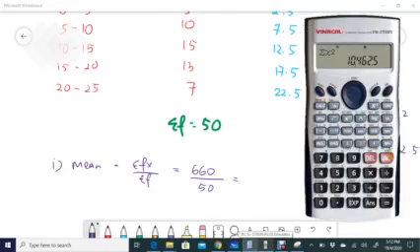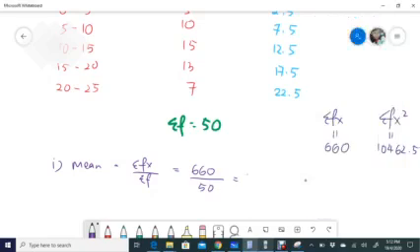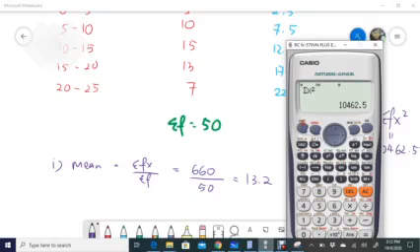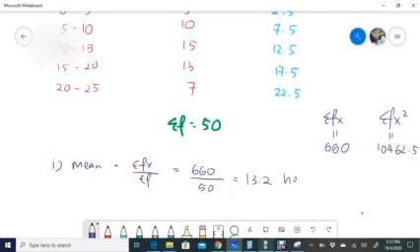Press AC, shift 2, go for 1, enter: 13.2. Same goes with the second one: shift 1, go for 4, go for 2 to find your mean, 13.2. This is in hours, so you just put hours as the unit.